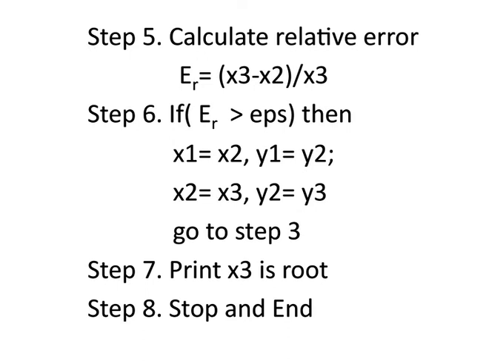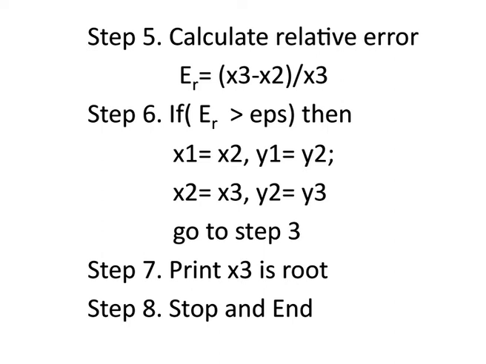If the error is greater than epsilon, then the next interval is very simple. It is far simpler than the false position method. We need not do anything. We just say that the previous value, the first value of x, is discarded, and the recent 2 values of roots are taken as the next interval. So, we say x 1 is equal to x 2, correspondingly y 1 is equal to y 2, and x 2 is equal to x 3.